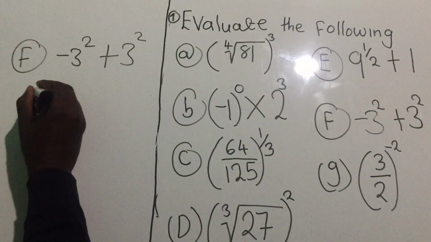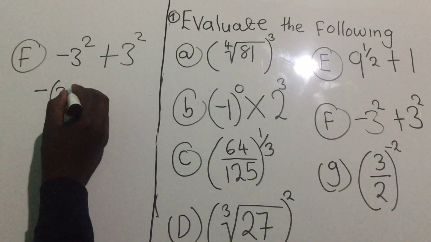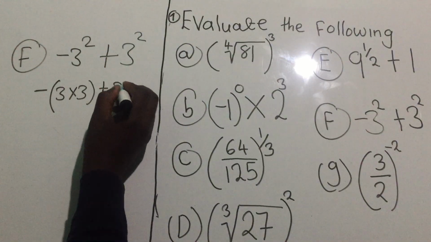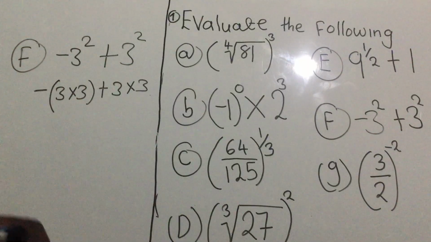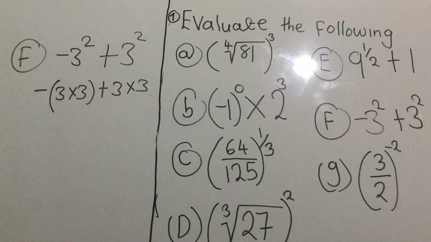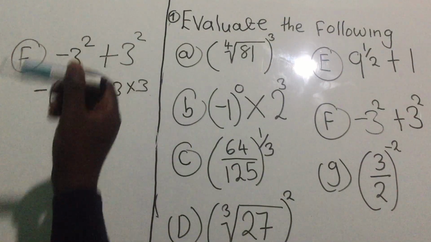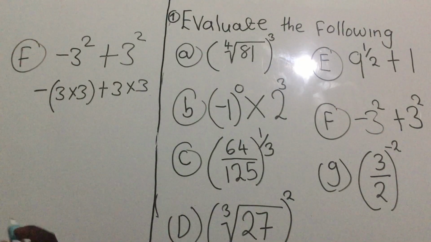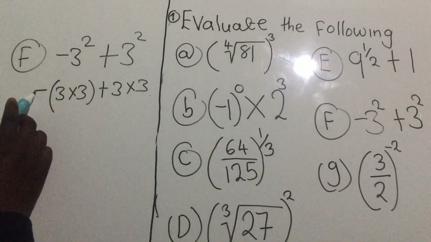So you just say negative, you open, you get this, which is 3 times 3, you close, plus 3 times 3. So you know that only if the negative is inside the brackets, that's when it's included with a power.